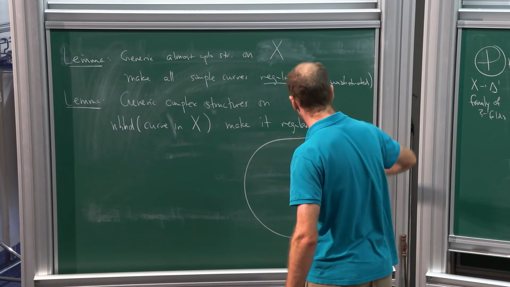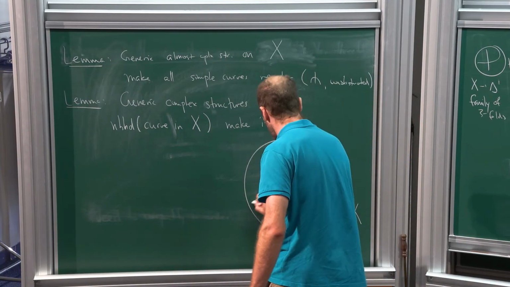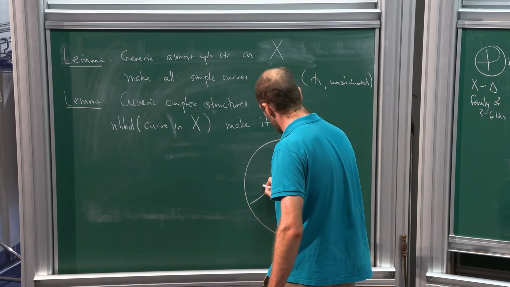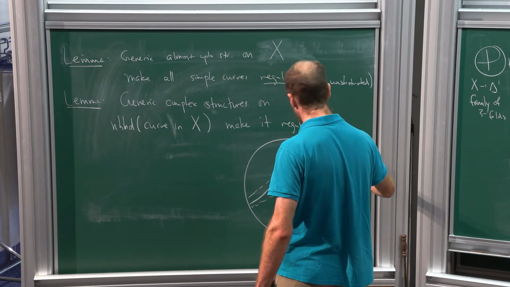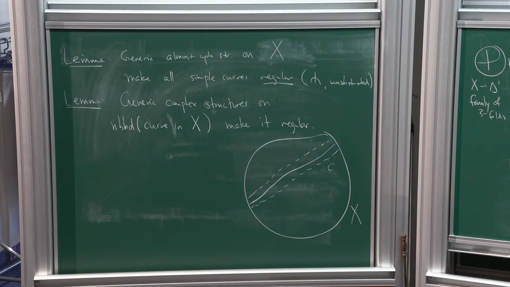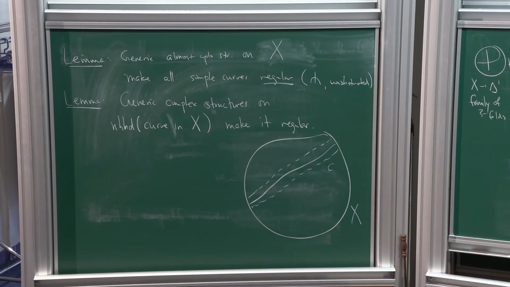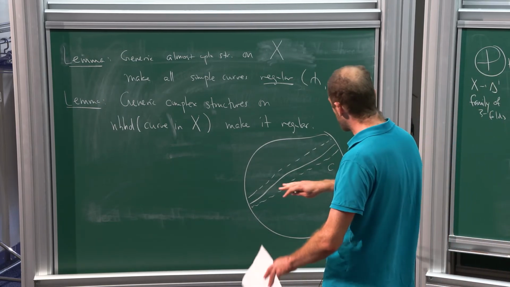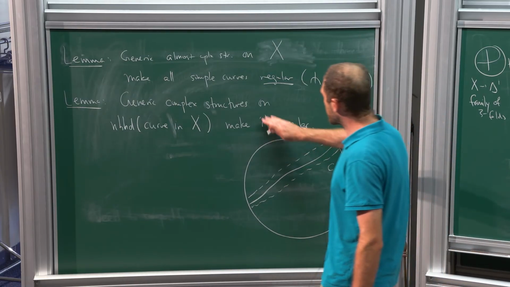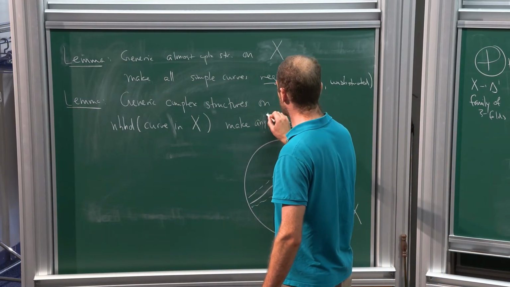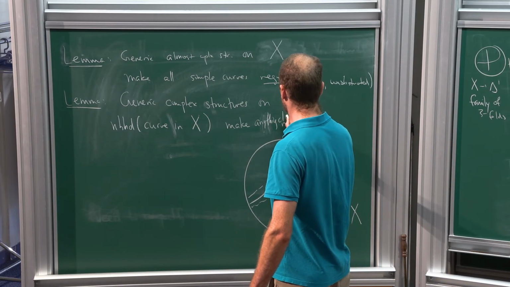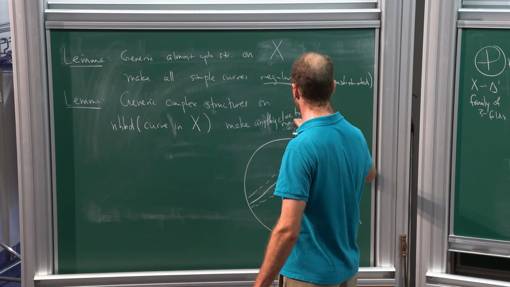So here's X. Here's a curve, and a generic almost complex structure on this neighborhood makes C regular. No, but it is not necessarily holomorphic for the perturbation. Yeah. Okay. So make all curves, so make anything nearby C, anything close to C regular.